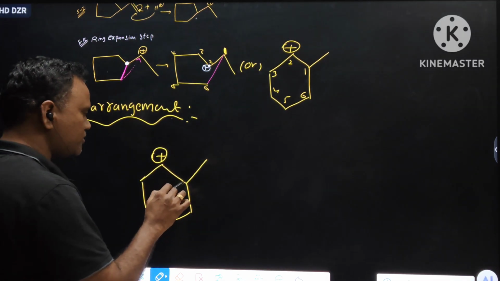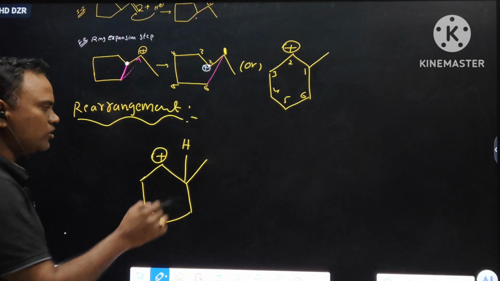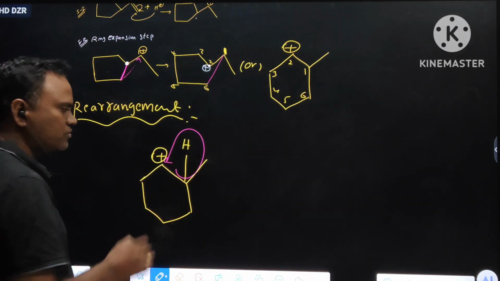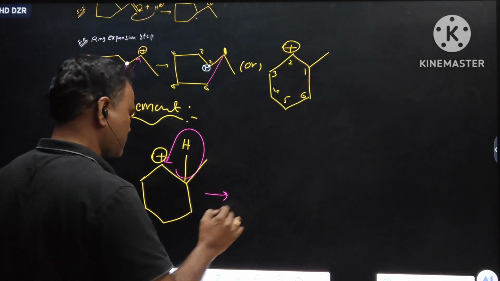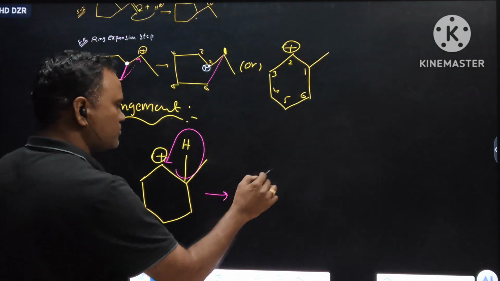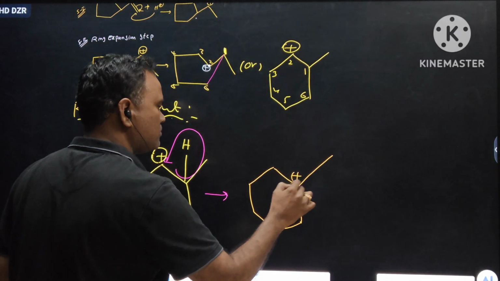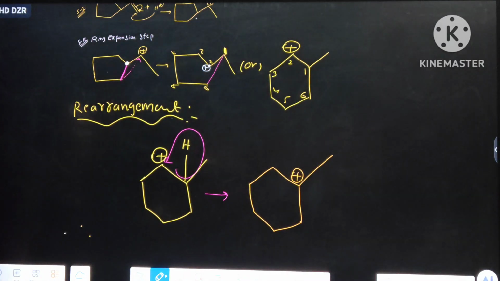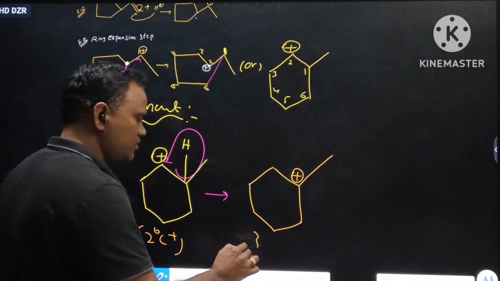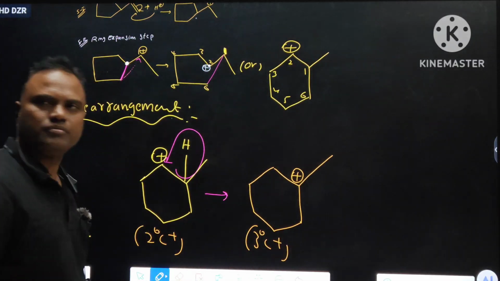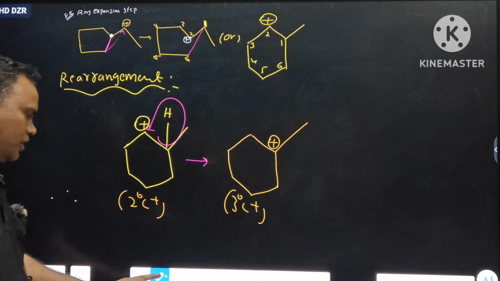The hydrogen moves along with the bond pair, giving a positive charge. This is a 2 degree carbon, and this is a 3 degree carbon. Clear? Now Cl negative attack takes place.